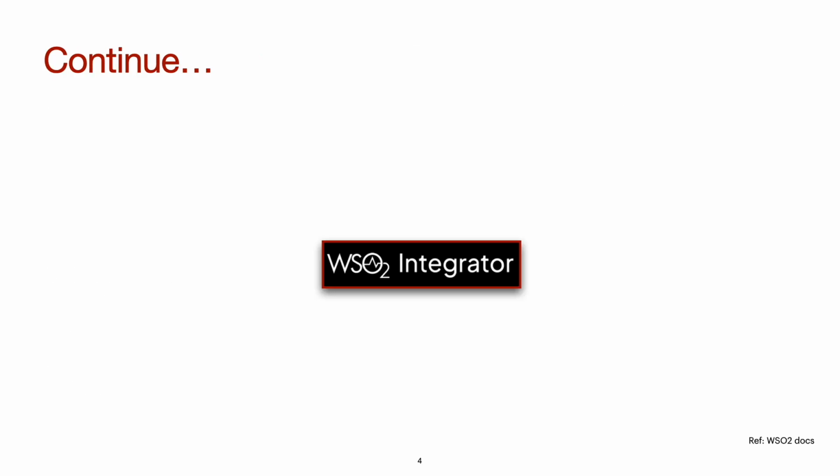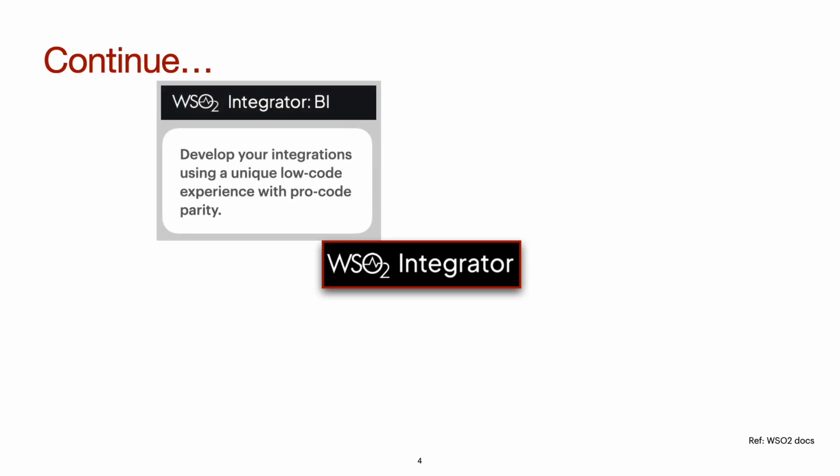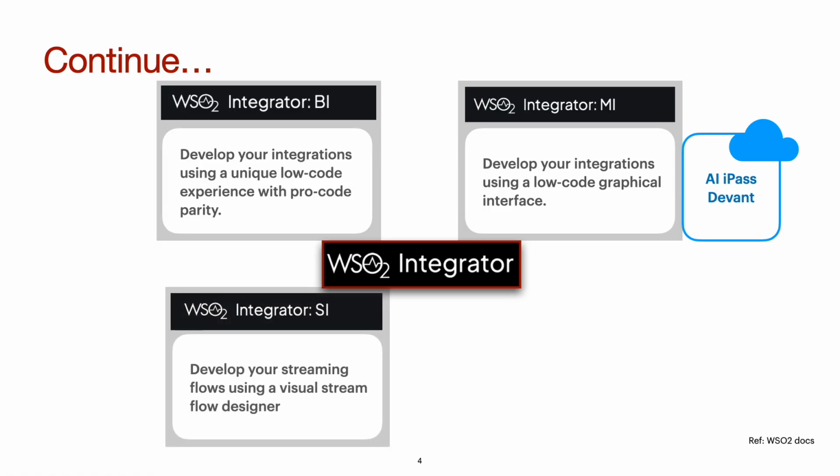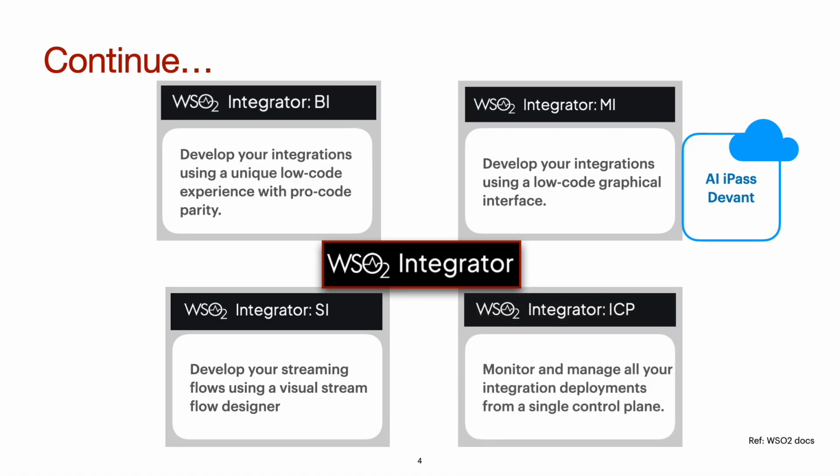Now let's see the umbrella of WSO2 Integrator, and what all products it has. First we have WSO2 Ballerina Integrator, or BI. Then we have WSO2 Integrator MI, which is Micro Integrator, along with the cloud version, which comes as AI iPaaS, called Devant. Then the integrator SI, which is your streaming integrator, and ICP, which is your integration control plane.